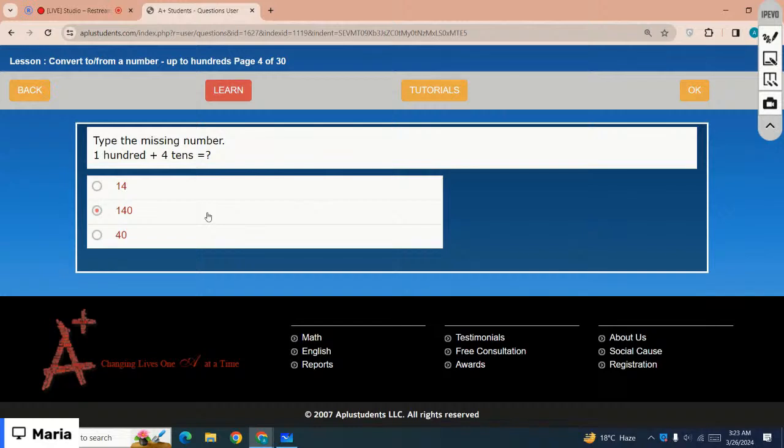You are not given a digit at the ones position. That means the digit at the ones position must be 0. So the correct option is 140.